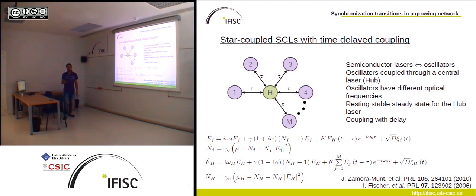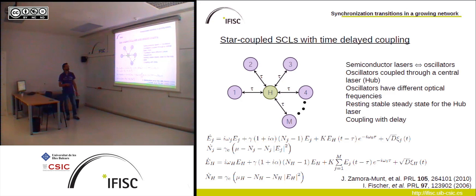So to do a similarity with what we had in the case of the Crowd Synchrony and Quorum Sensing, we used our semiconductor lasers as oscillators. Keep in mind that we had pedestrians in the case of the bridge, chemical oscillators in the case of the Dynamical Quorum Sensing.